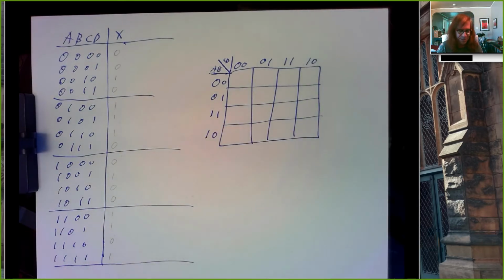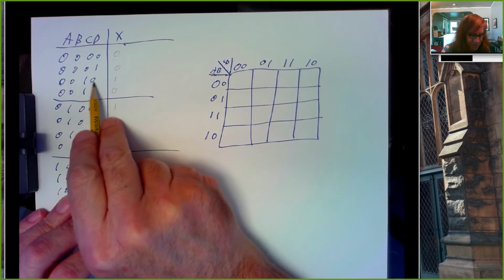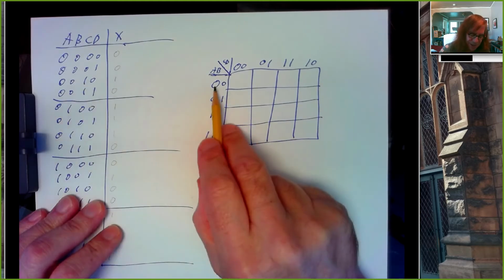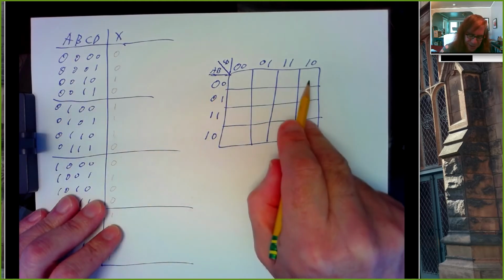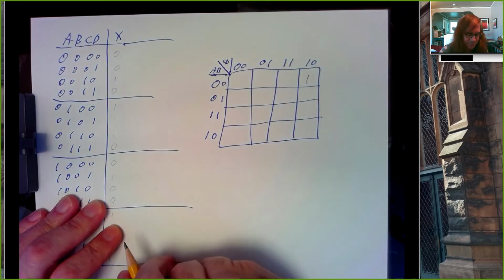Okay, so what does this mean? My first one is when A and B are 0 and C and D are 1, 0. So there's one box here where A, B is 0 and C and D are 1, 0. That's right here. I'm going to put a 1 in there.